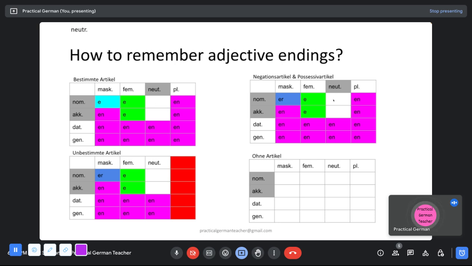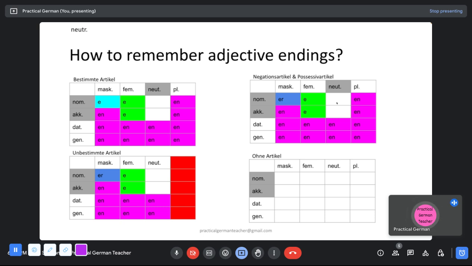And what is the negation article over here? Kein. It is kein here. Kein, also ein, does not change. Only masculine changes. So the sound of "s" is not there.